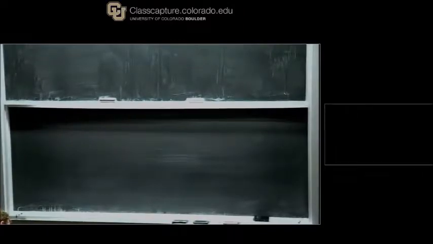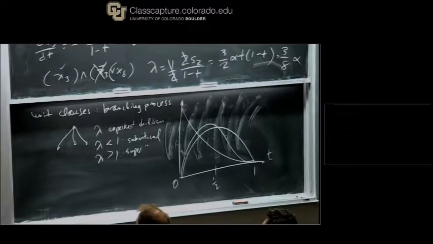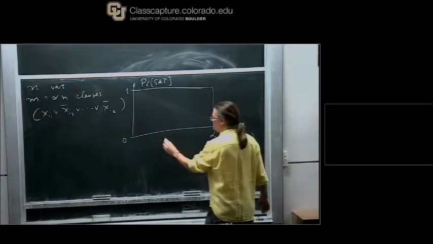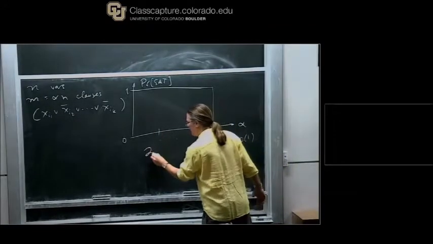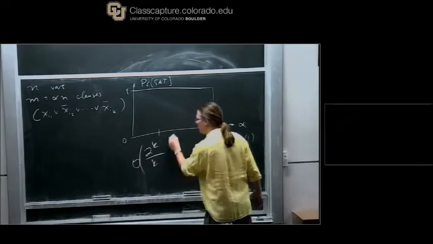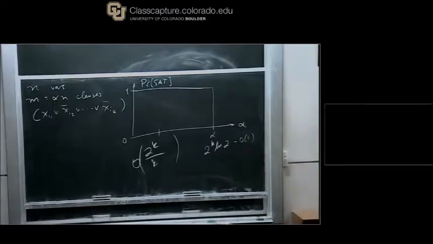Now, if you repeat this analysis for k-SAT instead of 3-SAT, of course it's a little more complicated. You have a system of differential equations because you have clauses of every length from k down to 1, but it's not so hard. And what you get then is that this succeeds up to 2 to the k over k, a factor of k below the actual threshold when k is large.